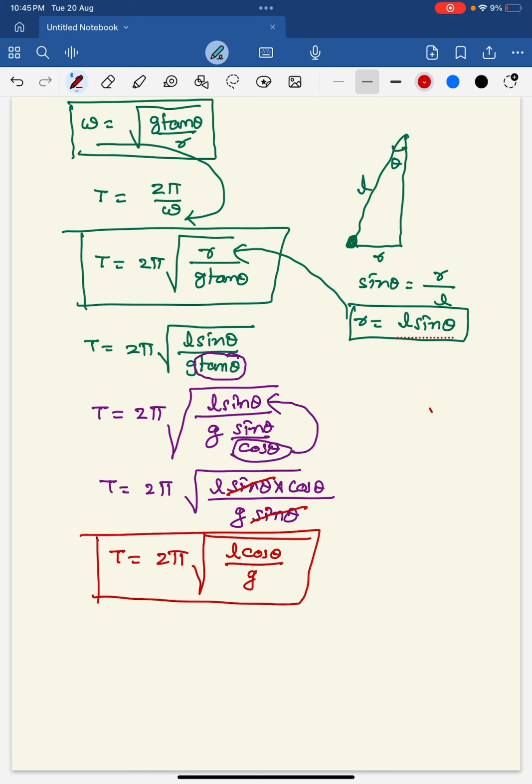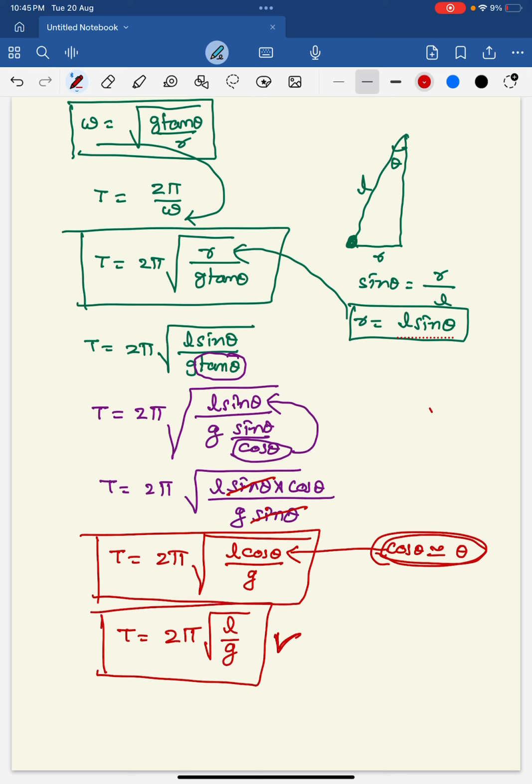Suppose the angle theta is very small, then cos theta is approximately 1. If you substitute that here, we can write T is equal to 2 pi root L by g.